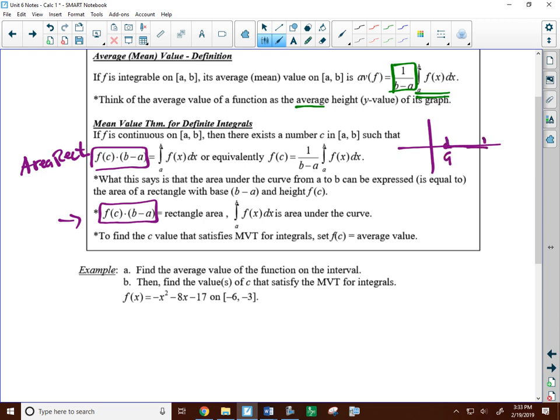You know, here's a and here's b. That's the base of the rectangle. F of c, so it's some c value on this interval, f of c is the height of the rectangle. So that's base times height for the rectangle. Again, f of c is really the height, b minus a is base, length times width, whatever you want to call it. So that's the area of the rectangle, as I said here.